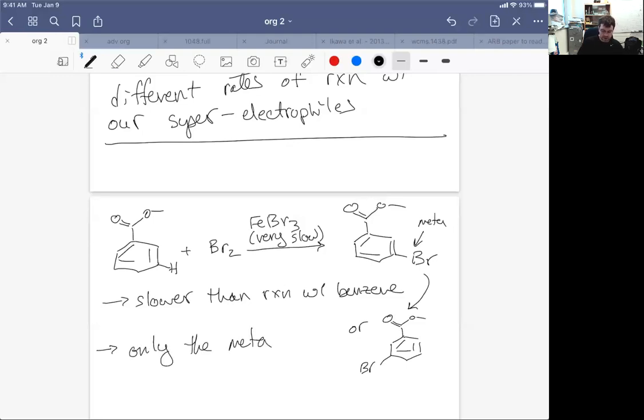And I show two depictions because both sides of the both metas are the same. So we form one product. You could draw it. You could show the bromine added to either side. Only the meta product was obtained. Okay, so what we see from here is that some substituted benzenes react more slowly.